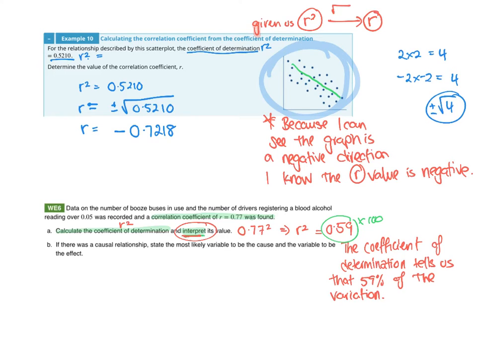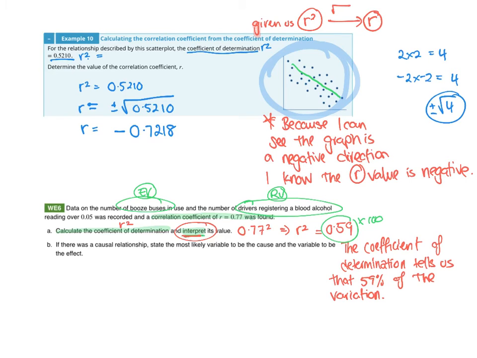Up here, they're saying the data on the number of booze buses and the number of drivers registering. The more booze buses you have, probably the more you're going to pick up, maybe. So we might be saying this is our response variable and this one's our explanatory. This one's a little bit harder, so don't stress. I reckon you would always be given what it is.